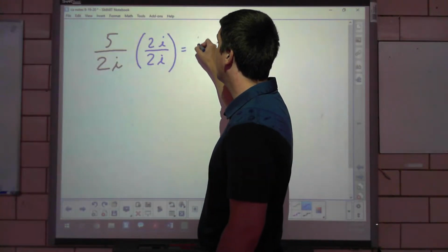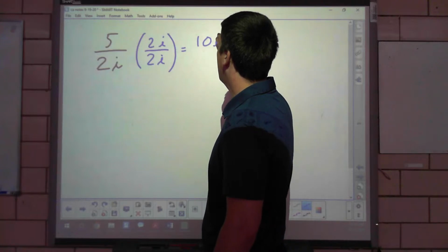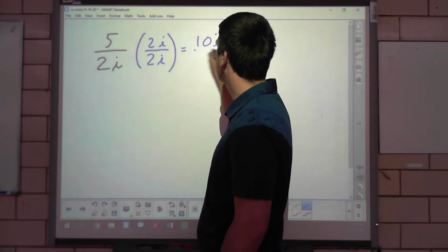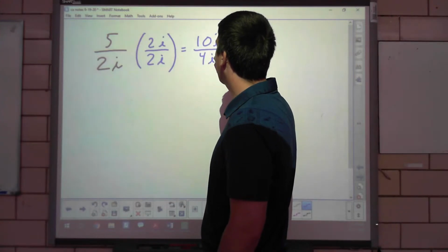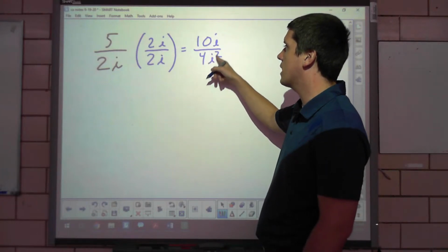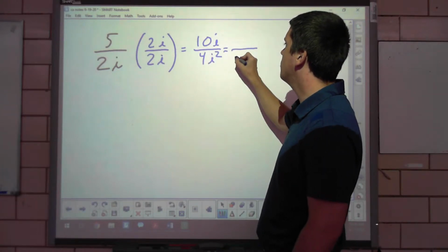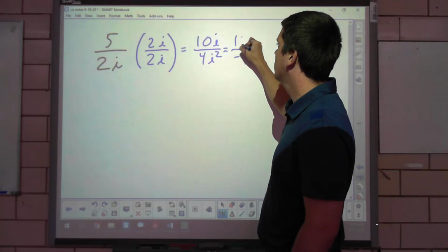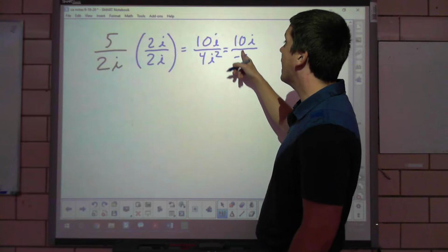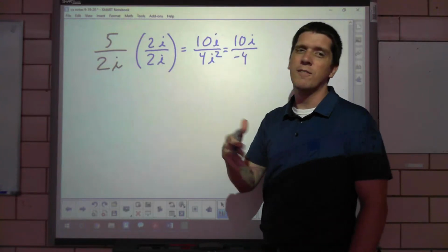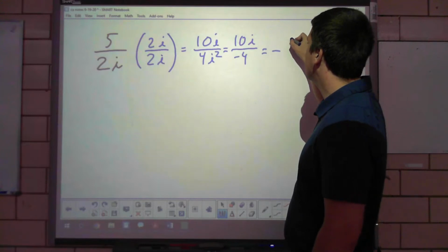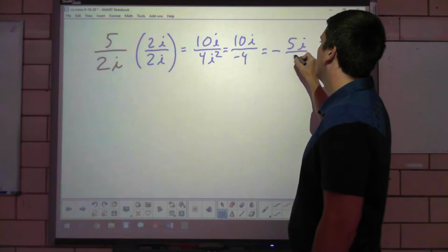You're going to end up with 10i over 4i squared. Well, 4i squared is simply going to be -4 with 10i still on the top. And then I can reduce that. I can't fully simplify, but I can at least make that fraction look nicer and say -5i over 2.